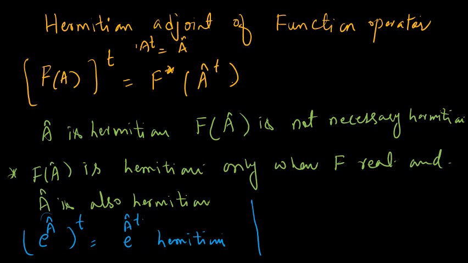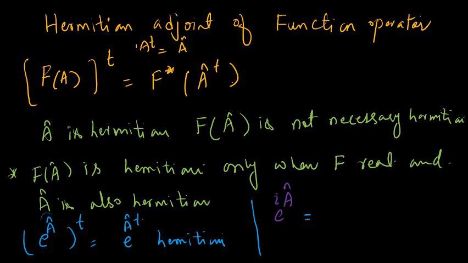Let's take another operator, and let's suppose this operator is e power iota A. Now this function is not real because it is a complex one, because it involves iota. As this function is complex, it does not fulfill the condition for f of A to be Hermitian.